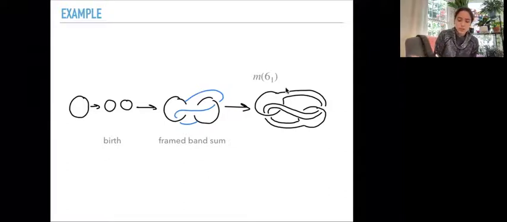So if you take some curve that attaches two different unknots or the same component of your link and put some framing on it, in this case, I'm doing the blackboard framing of this band, then we'll see that we get this knot, which is the mirror of 6-1. And this movie gives us a way to build up a smooth concordance, actually, from the unknot to the mirror of 6-1. And this is an example of a ribbon concordance.